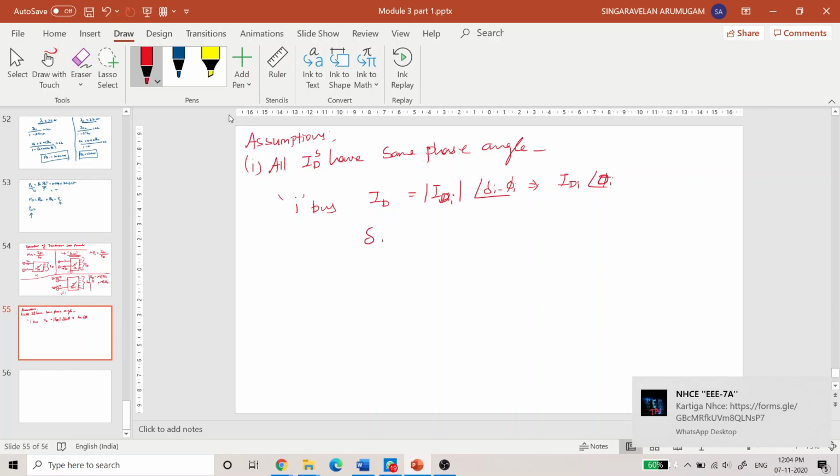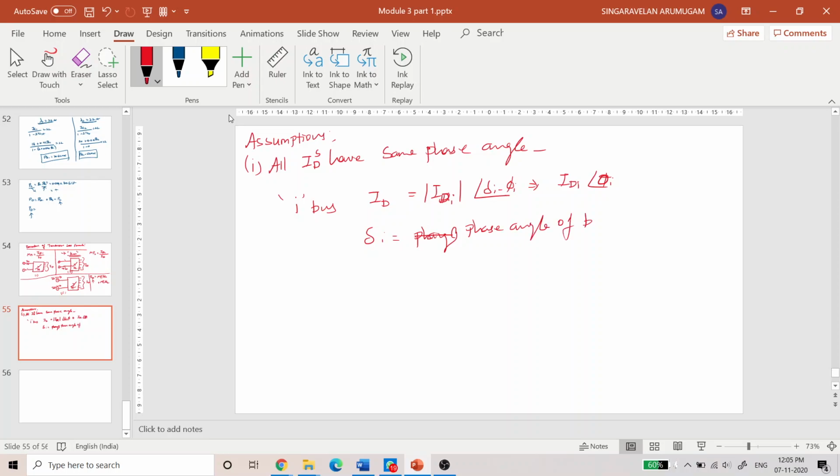Here delta i is nothing but the phase angle of the bus voltage, and phi i is the lagging phase angle of the load.